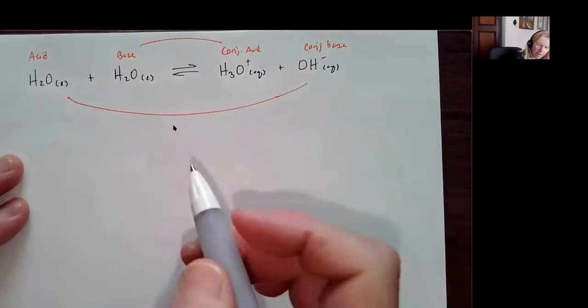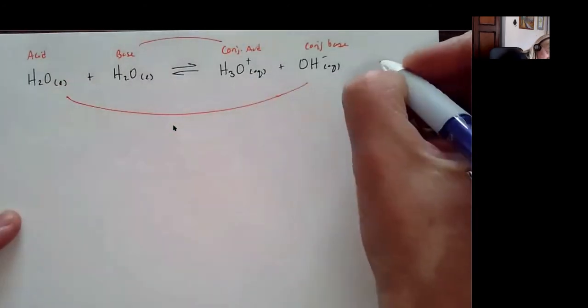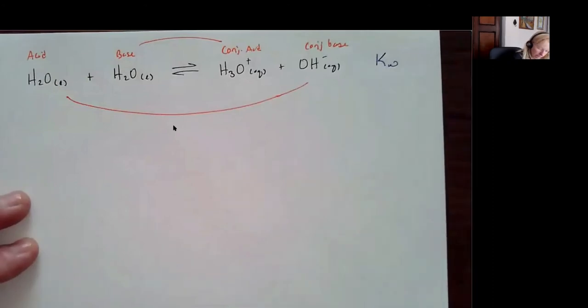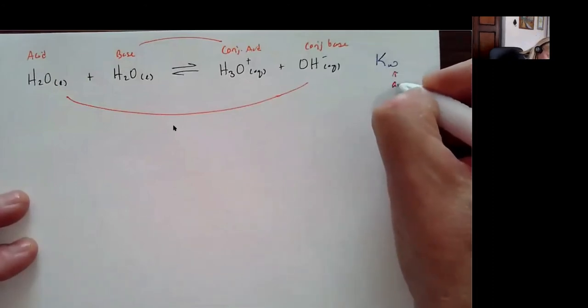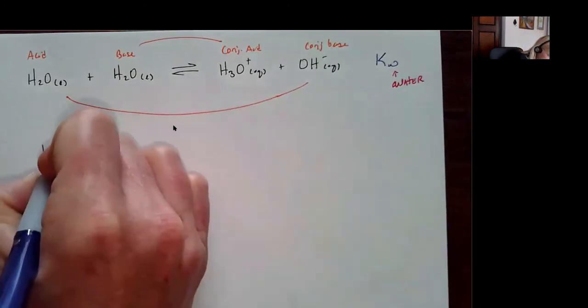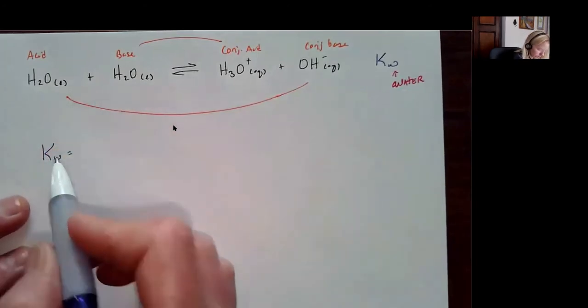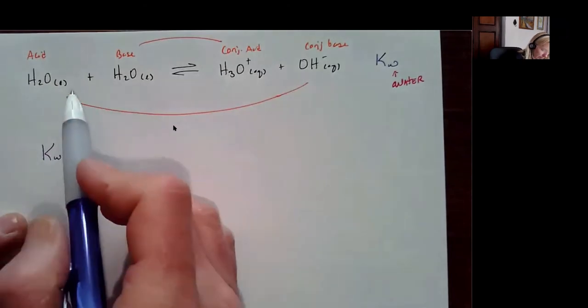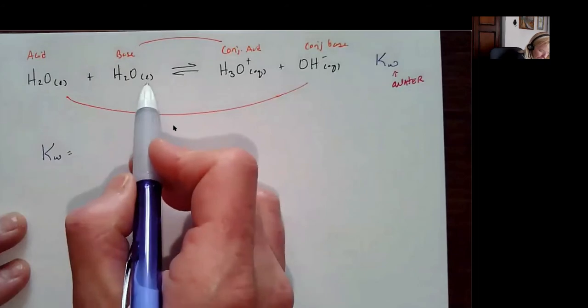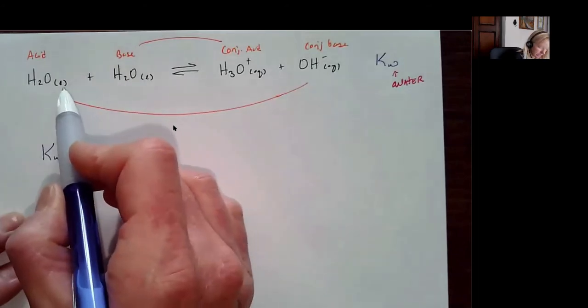And I can write a law of mass action for this. So this is an equilibrium scenario, and we're going to denote it Kw, meaning this is unique to water. So the equilibrium of pure water is Kw. I told you there was lots of little subscripts here for K. So for Kw, I'm going to write my law of mass action, but it is going to omit these that are here in the reactant side because they're in the liquid phase.